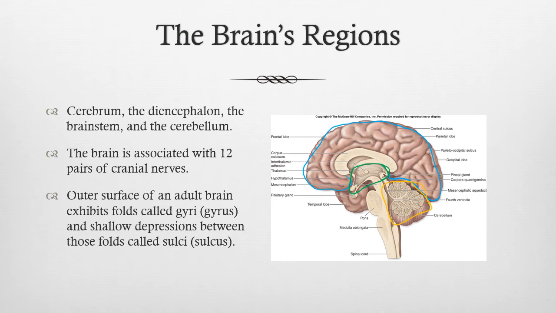Extending downward from the diencephalon, we then have the brainstem as well. And so those are our distinct areas that are there. The brainstem is associated with all of those 12 cranial nerves that we mentioned at the very beginning.